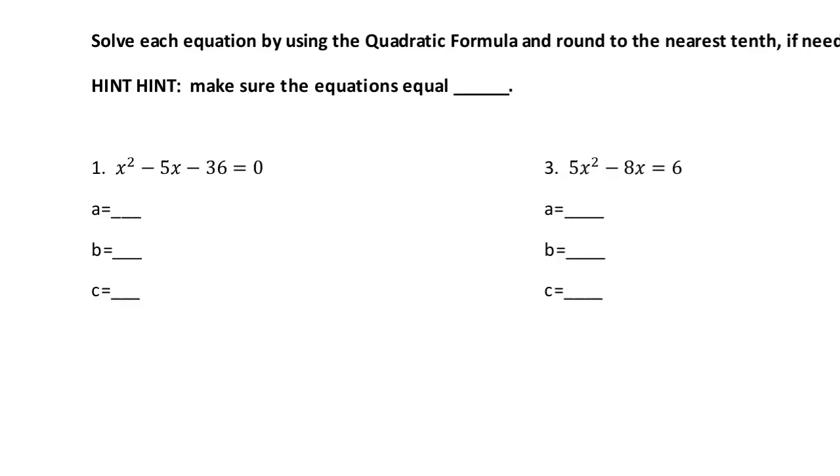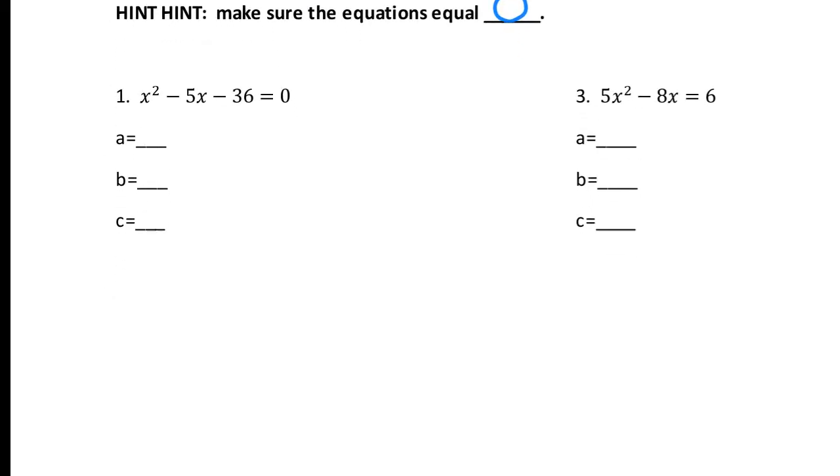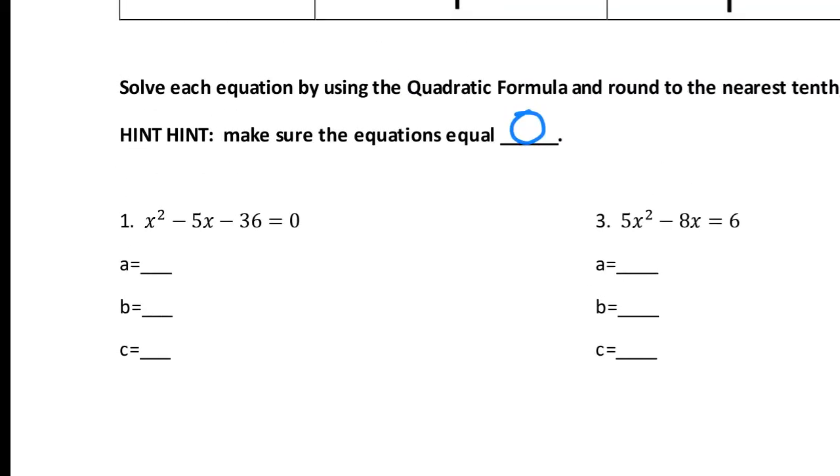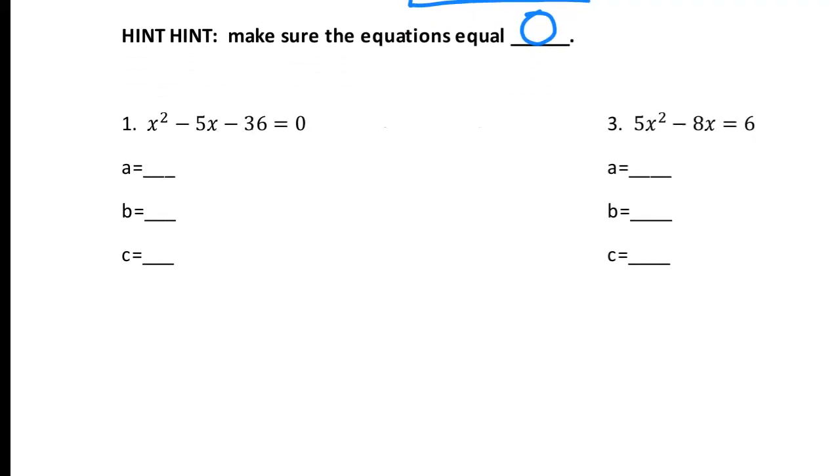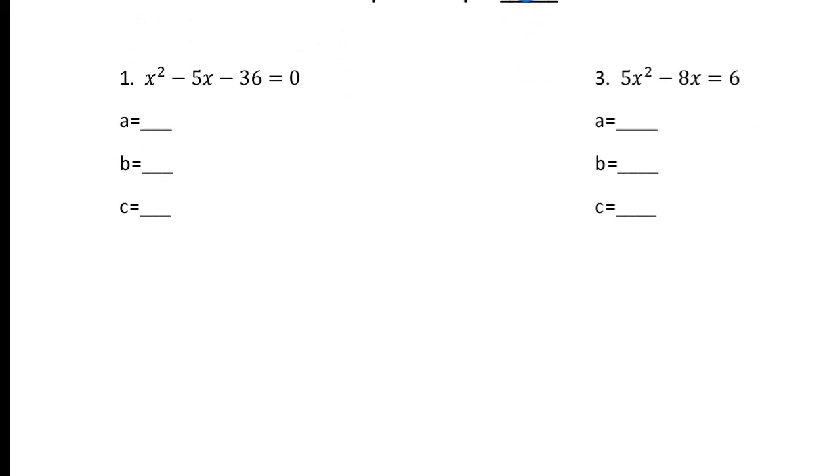So we have to make sure it is equal to 0. Okay? So over here, the directions say yes, we are in fact using quadratic formula. So I'm not even going to check for factoring here. Okay? All right. So first of all, is it set equal to 0?